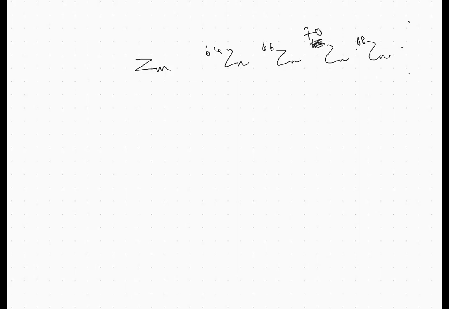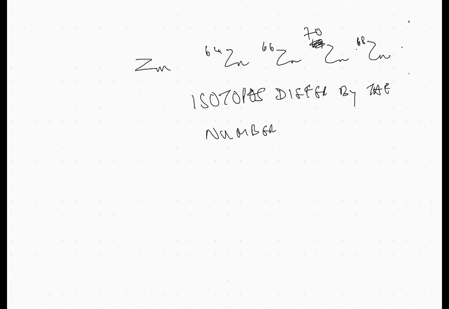One is that isotopes differ by the number of protons. No, that's wrong. Another is that isotopes differ by the number of electrons. No, that's wrong. The correct answer is that isotopes differ by the number of neutrons, because the definition is that atoms that have the same atomic number but different masses are isotopes.